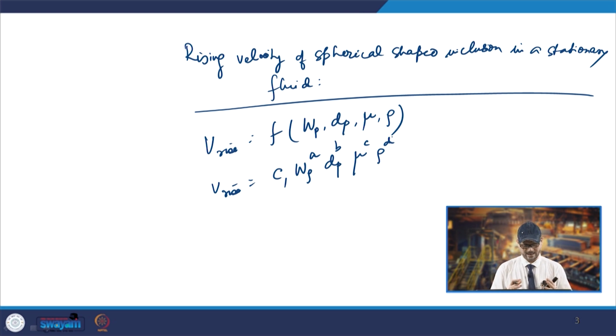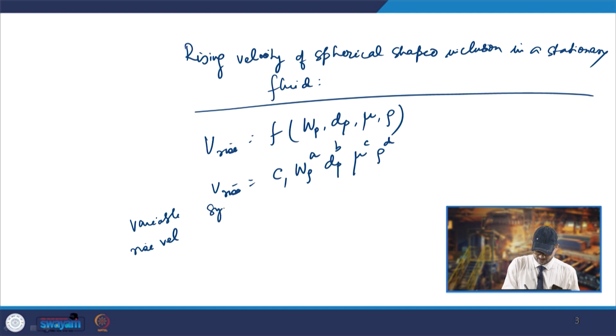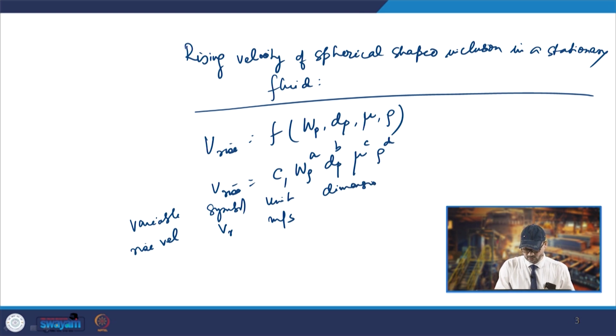So, you have to know the dimensions of these variables. Suppose your variable is the rise velocity. Your symbol is Vr, and as it is a velocity, its unit will be meter per second, and its dimension will be L t minus 1.